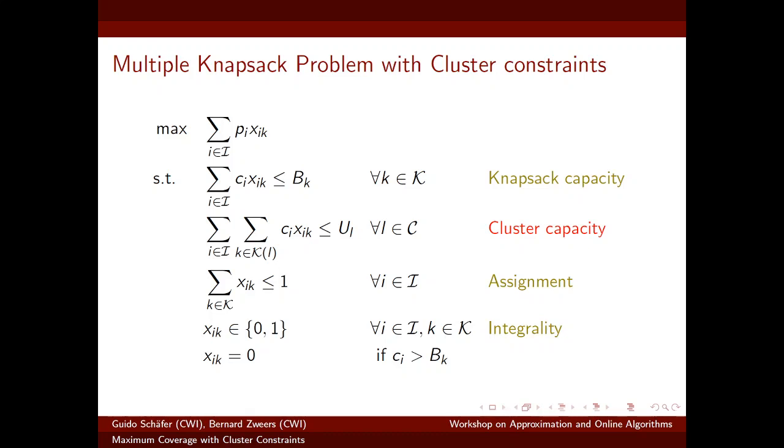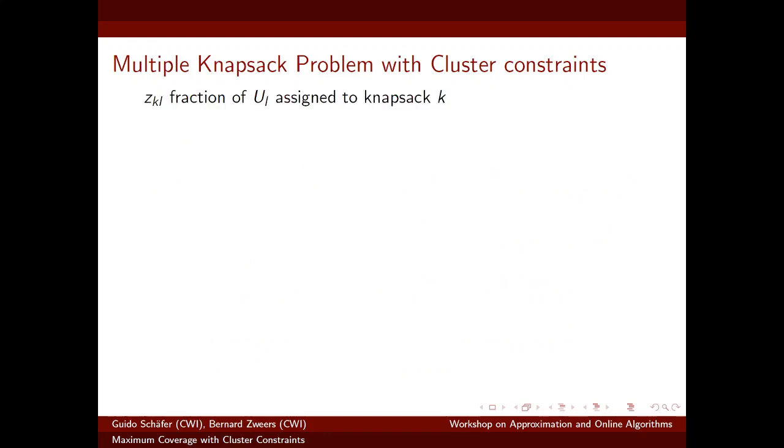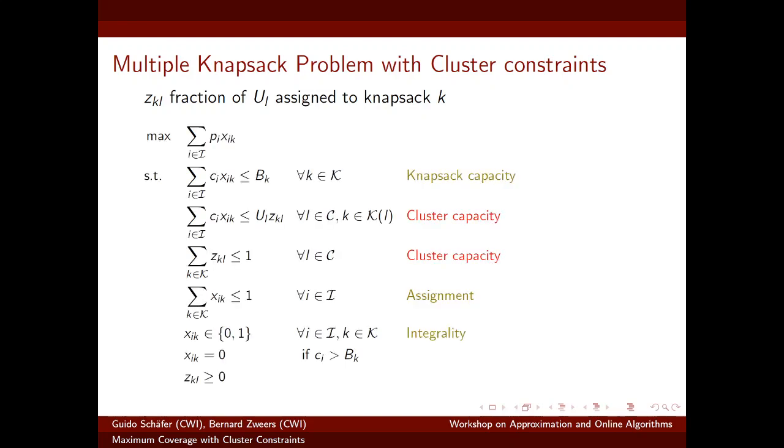So we thought it would be a good idea to introduce a decision variable, namely z_kl, which decides what fraction of the cluster capacity is assigned to a knapsack. If you use that decision variable, you can rewrite the cluster capacity constraint using these two constraints. And now the top constraint of the cluster capacity is on a knapsack level.